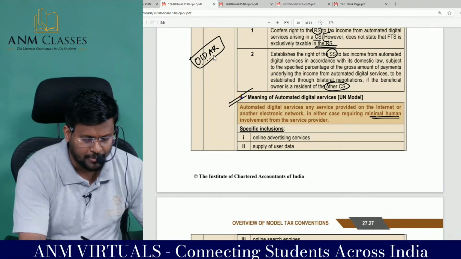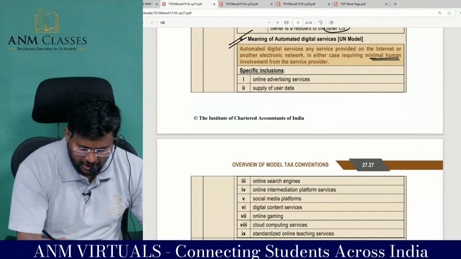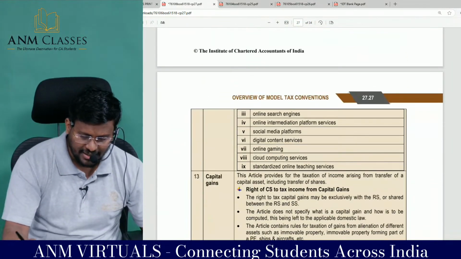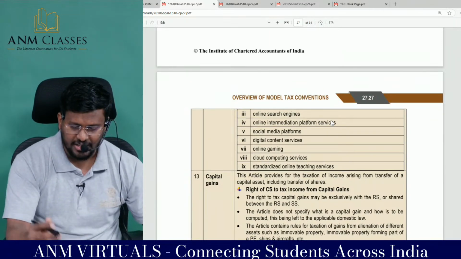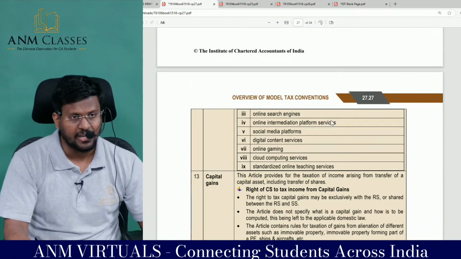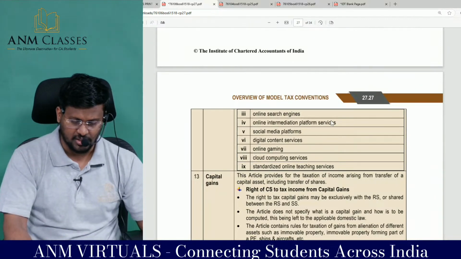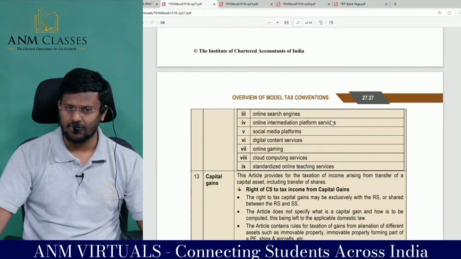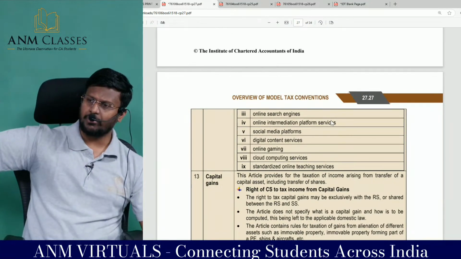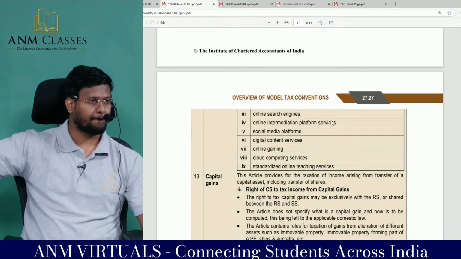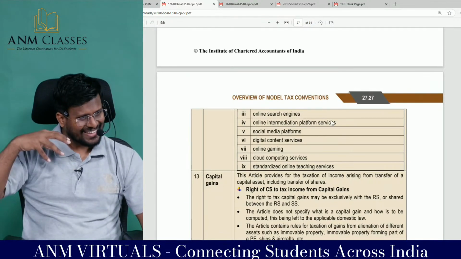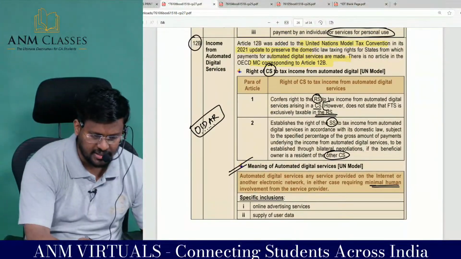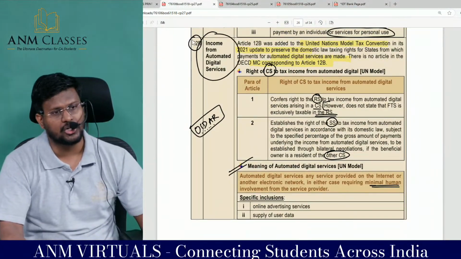Specific inclusions are online advertisement services, supply of user data, online search engine, online intermediation platform services, social media platform, digital content services, online gaming, cloud computing services, standardized online teaching services. If these and all are provided by a person situated outside India to a person in India, and if we are making any payment, this is called income from automated digital services.